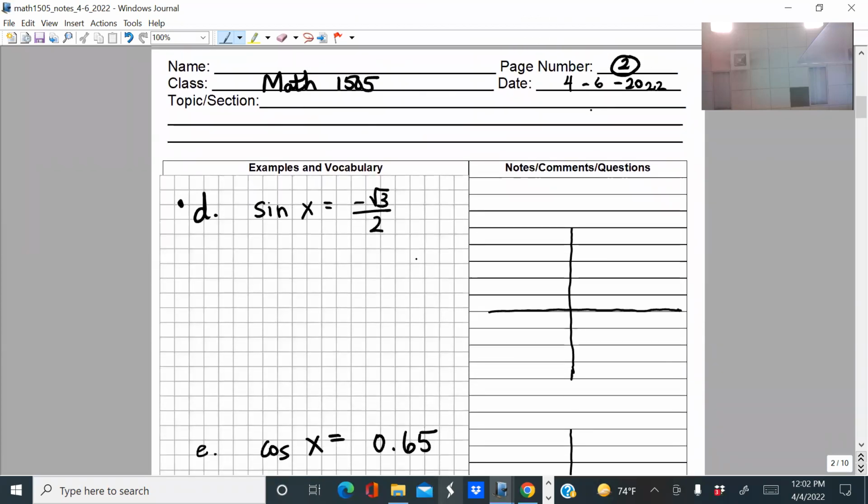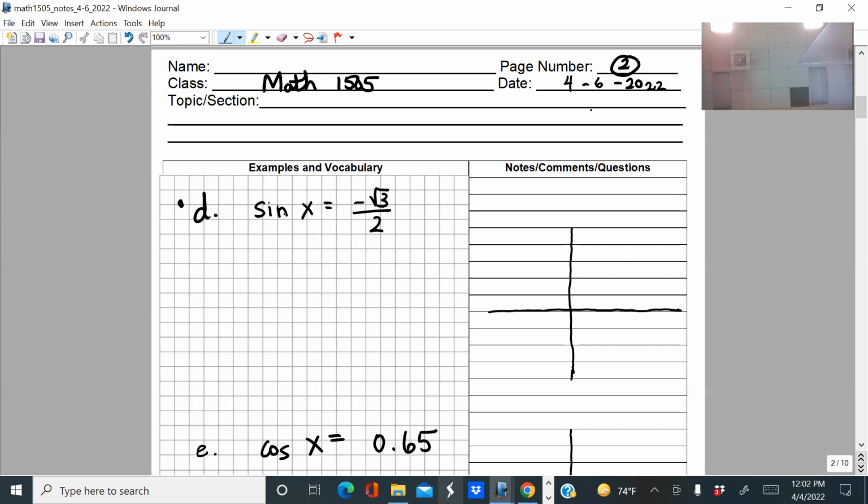Okay, I'm gonna let y'all try this one. All right, so this is going to be a special angle, square root of 3 over 2, right? So remember, what you want to do is find two different solutions between 0 and 2 pi.